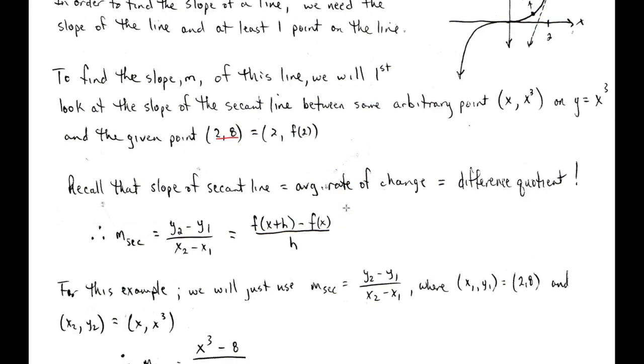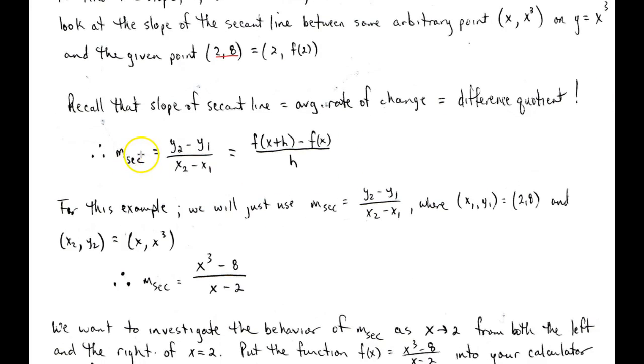If we recall, the slope of the secant line is just, of course, the slope of a line. If we're looking at this in terms of the points being (x, f of x) and (x plus h, f of x plus h), our difference quotient, or the way that we express the slope of a line arbitrarily, looks like this.